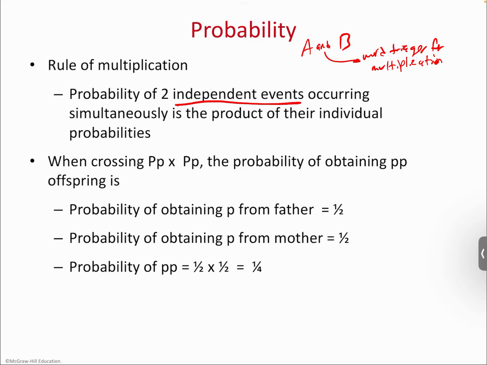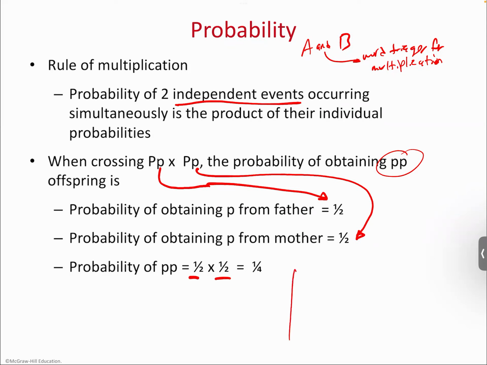And so here, if you're looking at generating the homozygous recessive, we've already established, first of all, that the probability of getting a little p from dad is what? 1/2, right? And the probability of getting a little p from mom, also 1/2. So what is the probability of getting one from mom and one from dad? It's 1/2 times 1/2, which is 1/4.